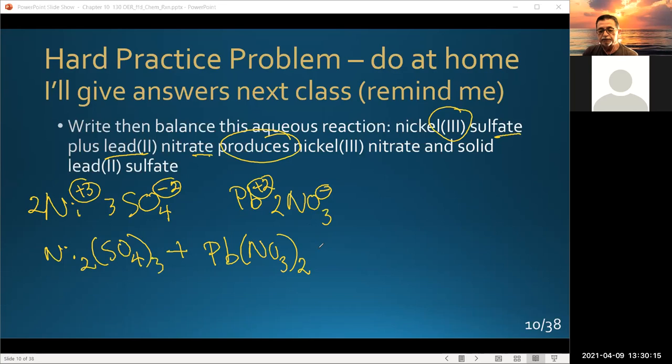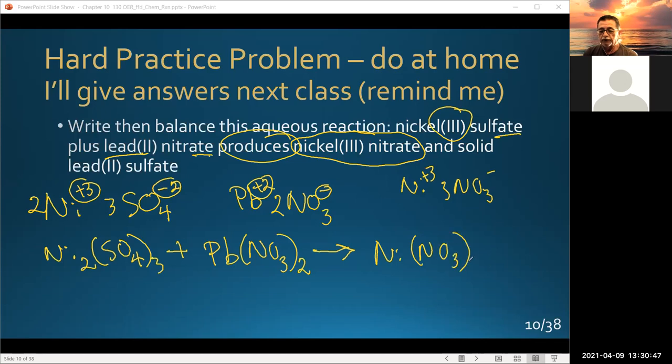So "produces" tells us the arrow. Now, product number 1 is nickel 3 nitrate. So we still got nickel +3 and the nitrate, NO3 -1. And so you can see we need 3 nitrates. So its formula would be Ni, parentheses, NO3, subscript 3.